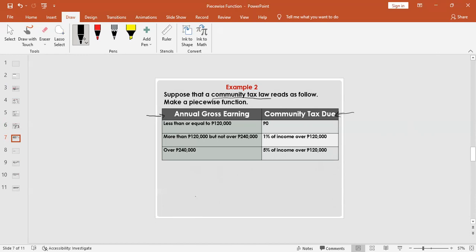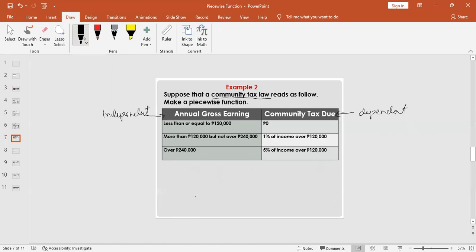Okay? Which one is the dependent variable? Is it the annual gross earning or community tax due? It's the community tax due. This is the dependent variable. Para rin lang kanina. Okay, yung income tax magdedepende sa kung ilan yung nakukuha mo.